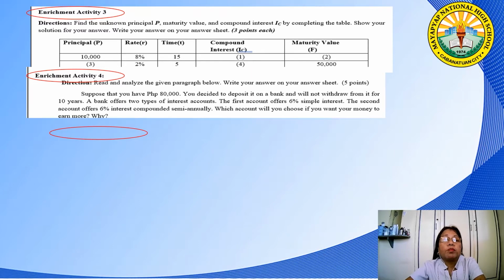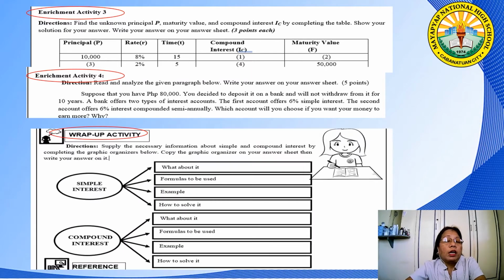And for the wrap up activity, you supply the necessary information about simple and compound interest by completing the graphic organizers below. Copy the graphic organizer on your answer sheet, then write your answer on it. So it gives you an additional point or bonus point that should be added in your score in the enrichment activity.